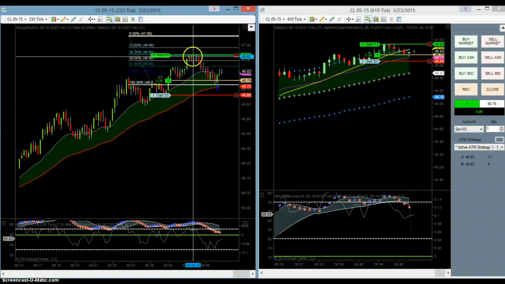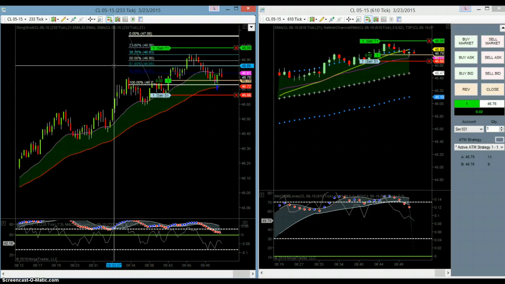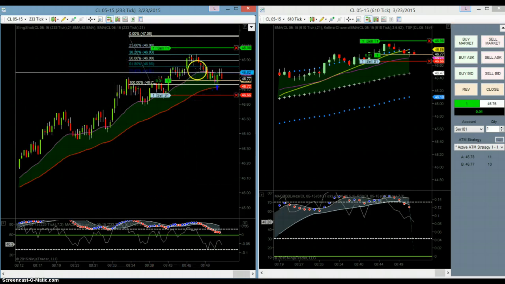So it looks like based on the past movements, we should be able to hit the 47s. Let's put it at 45.98 and see if that'll touch.